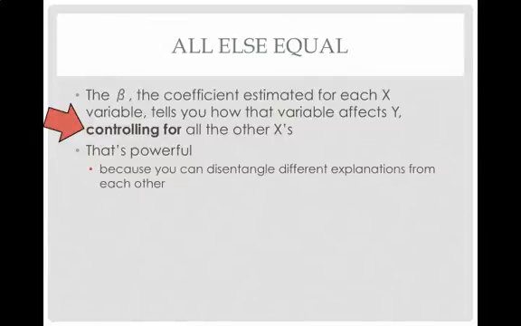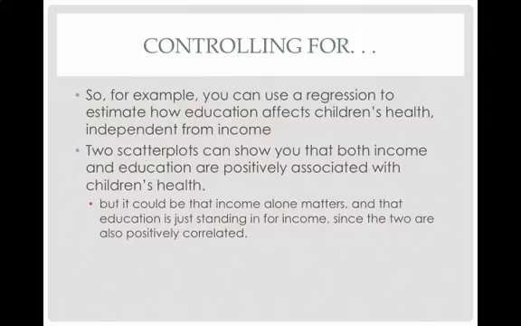And it's very, very powerful, because what it means is that you can disentangle different explanations from each other. You can see the independent effect of x1 and the independent effect of x2, and how they both affect the y. So for example, you can use a regression to estimate how education affects children's health independent from income.